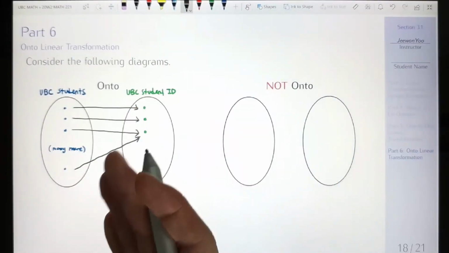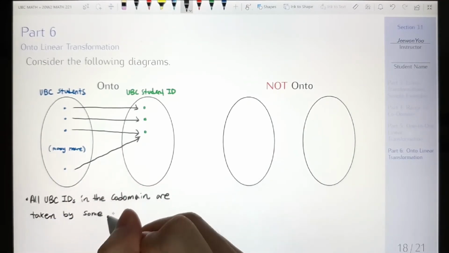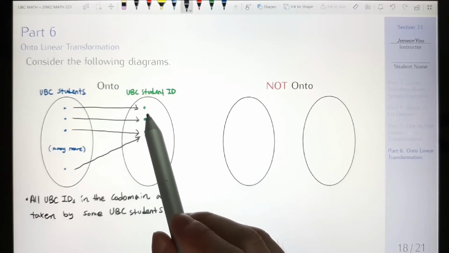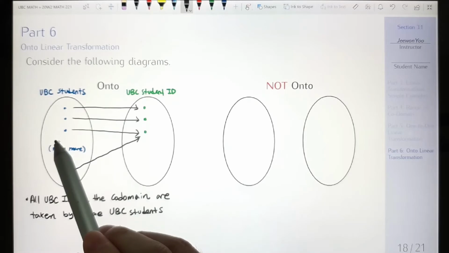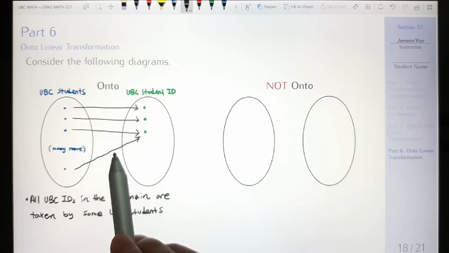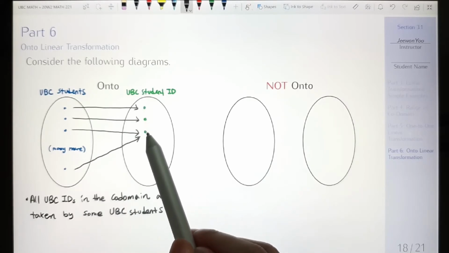So please write this down. So as long as all UBC IDs in the codomain are taken by some UBC students, then it is an onto linear transformation.